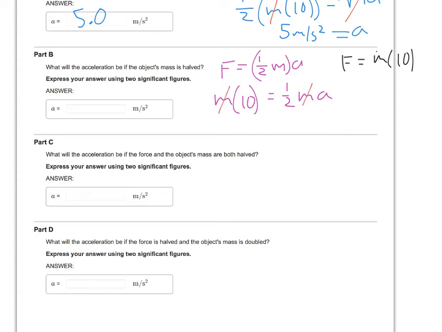M's cancel out. We multiply both sides by 2, and I get that 20 is equal to my acceleration, 20 meters per second squared. Answering to 2 sig figs, this is one of those ones where you have to write scientific notation to technically answer it as 2 sig figs, so 2.0 times 10 to the first. I think, though, it will accept 20, even though it says use 2 sig figs.